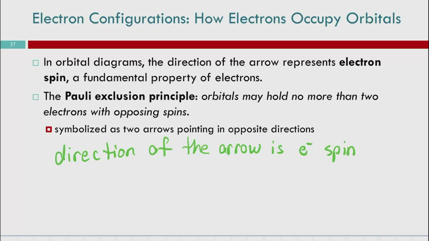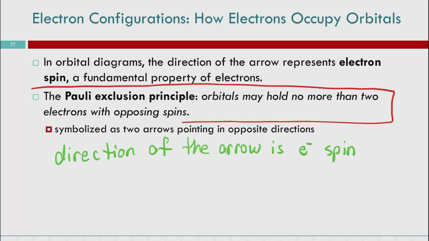And related to that idea, we get our first of two rules. The Pauli exclusion principle, named after somebody whose last name was Pauli, not a parrot. Our orbitals may hold no more than 2 electrons.